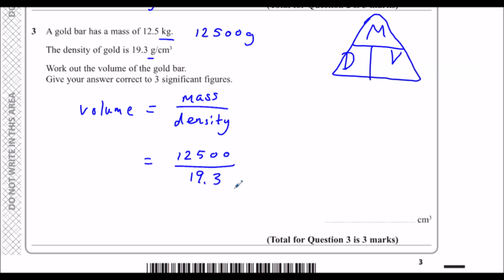They are in the correct units. So we're just going to type it into the calculator, and we get an answer of 647.668 and so on. We want 3 significant figures, so that's 648. So 648 centimetres cubed.